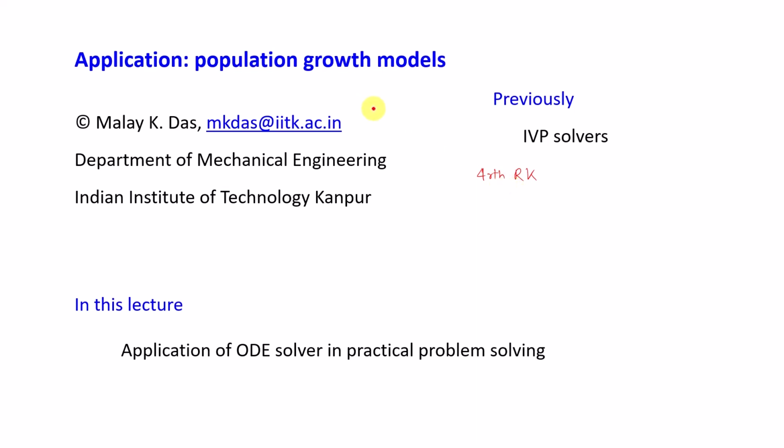So here in this lecture, we'll talk about a few interesting applications of numerical solution of ordinary differential equations using fourth order Runge-Kutta. We'll talk about a class of models which we call population growth models. Population growth models are models which are given by a set of ODEs.